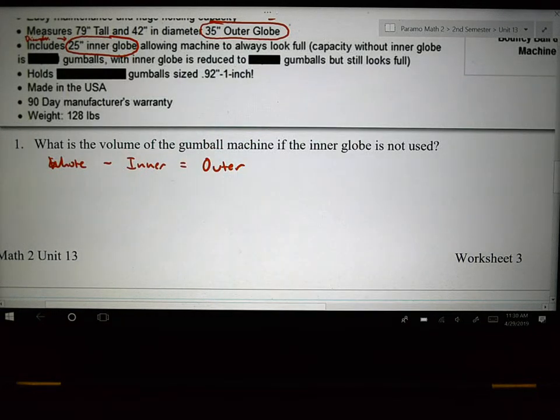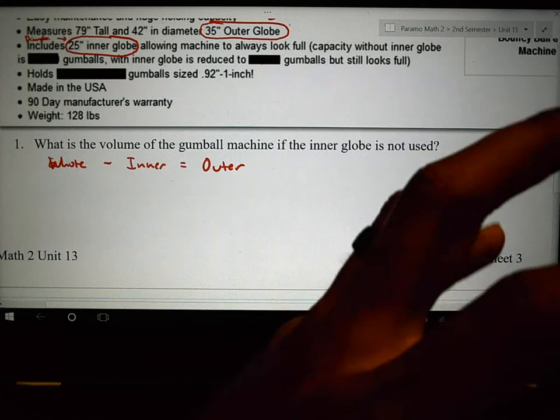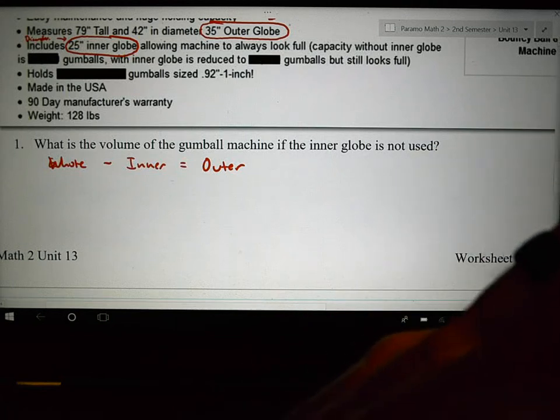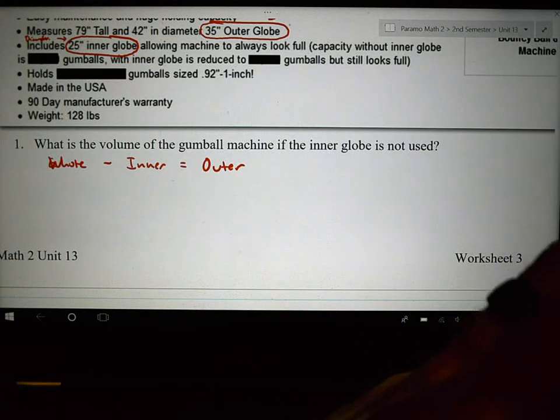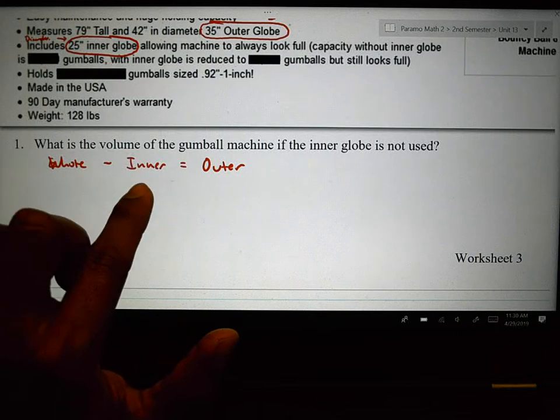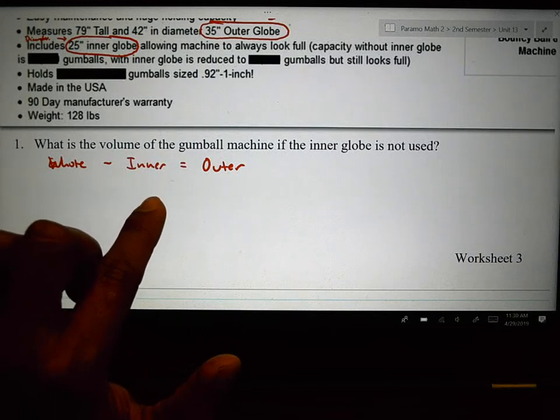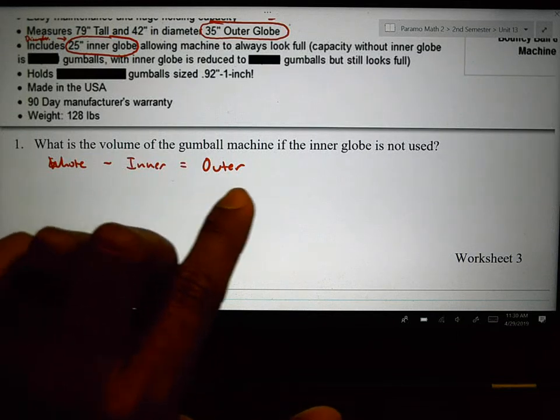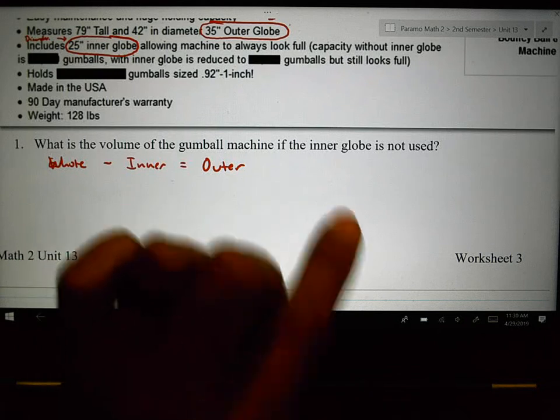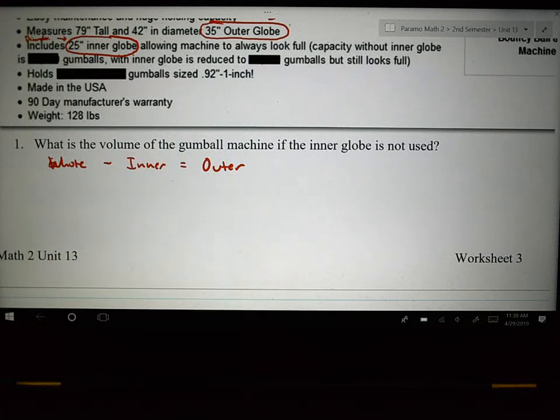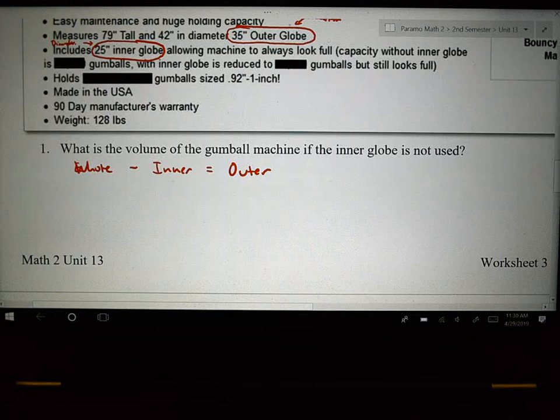That's what we're going to do. I'm going to take that whole, both globes together, and then I'm going to subtract the volume of the inner globe to figure out what the outer globe's volume is.